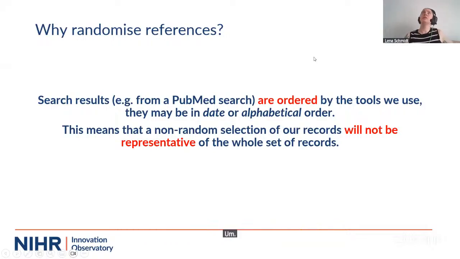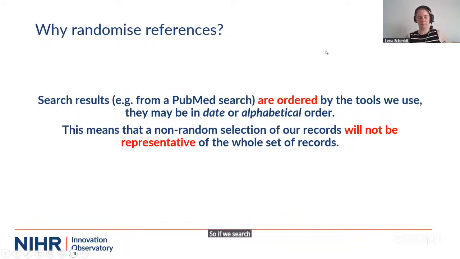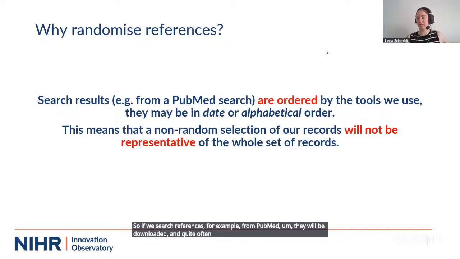What I'm talking about now is slightly different. I'm talking about randomizing references. If we search references, for example, from PubMed, they will be downloaded, and quite often they are ordered in some way. That might be a subjective ordering by PubMed, putting what it thinks is most relevant to a query on top, but it might also be a date or an alphabetic order.